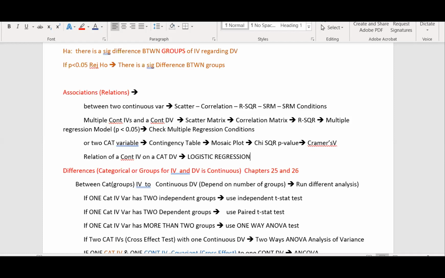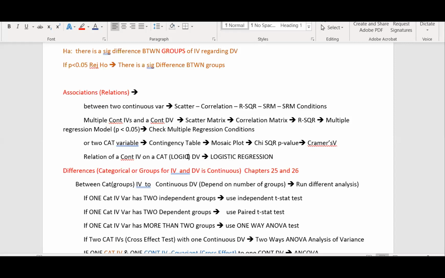Any question? Ask if you have a question. Okay. So logistic regression. The DV is not only categorical, it's not just groups, it's a specific type of groups that we call categorical logic DV.